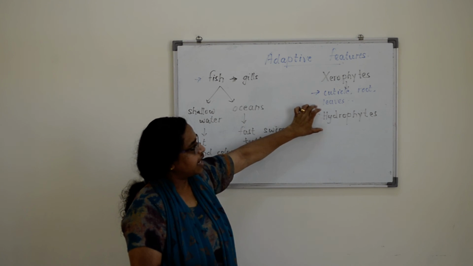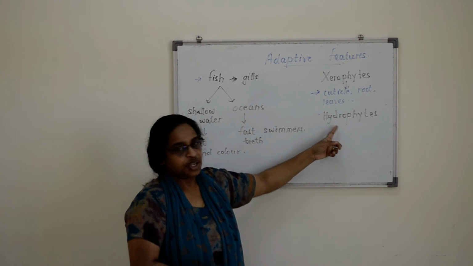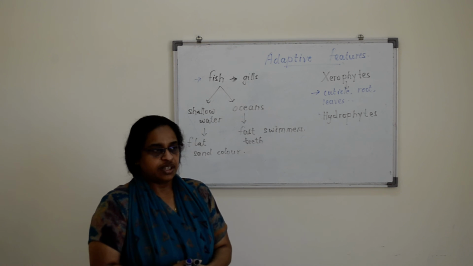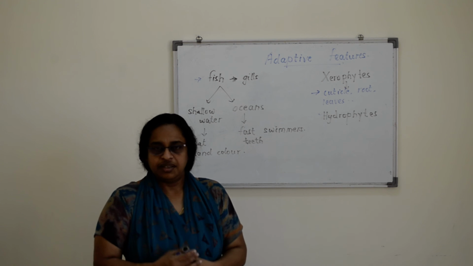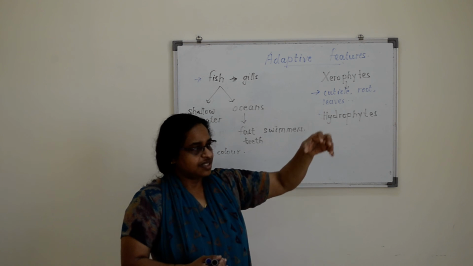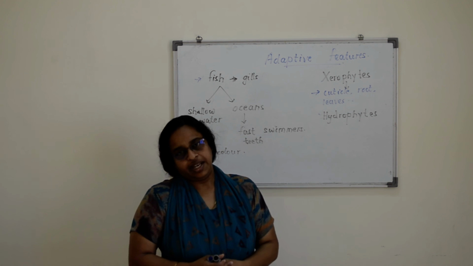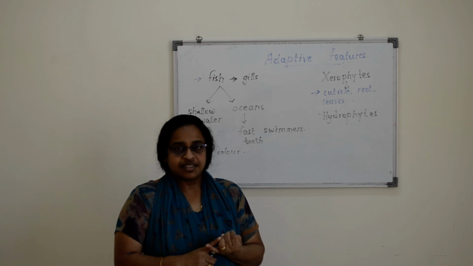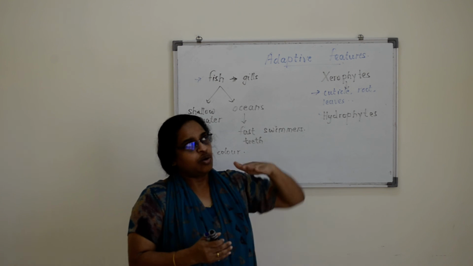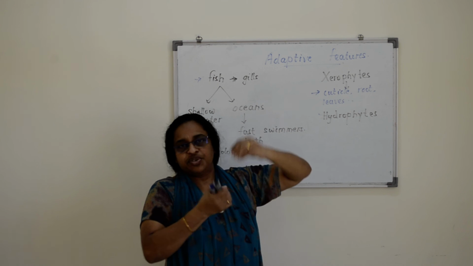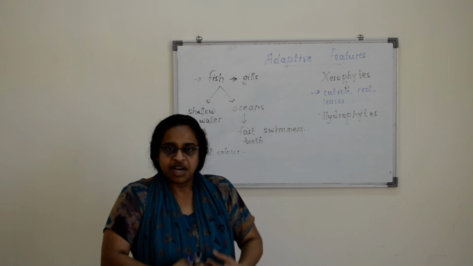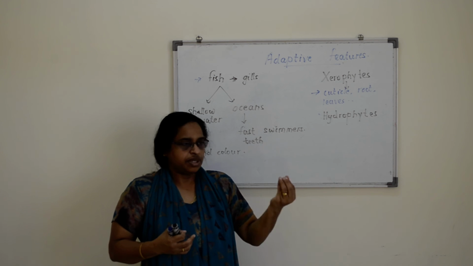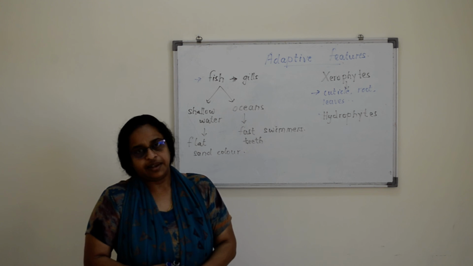And about the hydrophytes, hydro means water. Hydrophytes, we have seen plants in water, they are just floating in the water. That means their root is not anchored into the soil. Okay, and that is one adaptation. Another is they have got stomata on both the upper and lower surface, because even though a lot of water is lost, they can balance the water taking from the pond or the place where they are living.